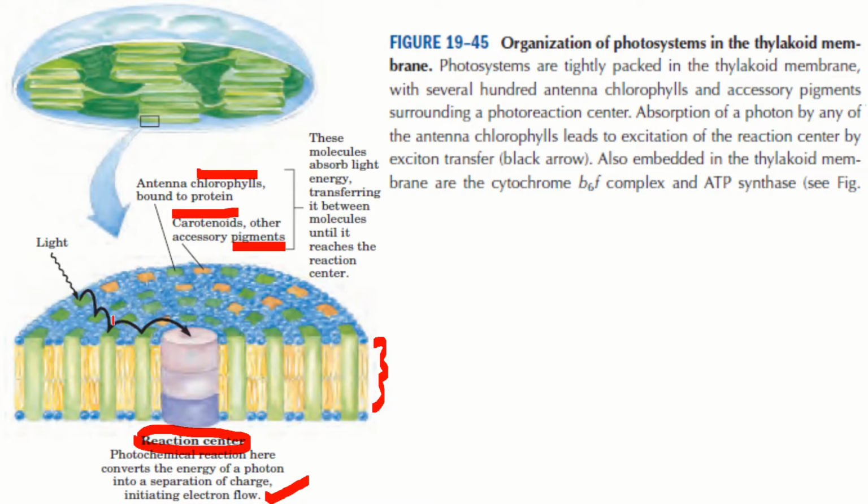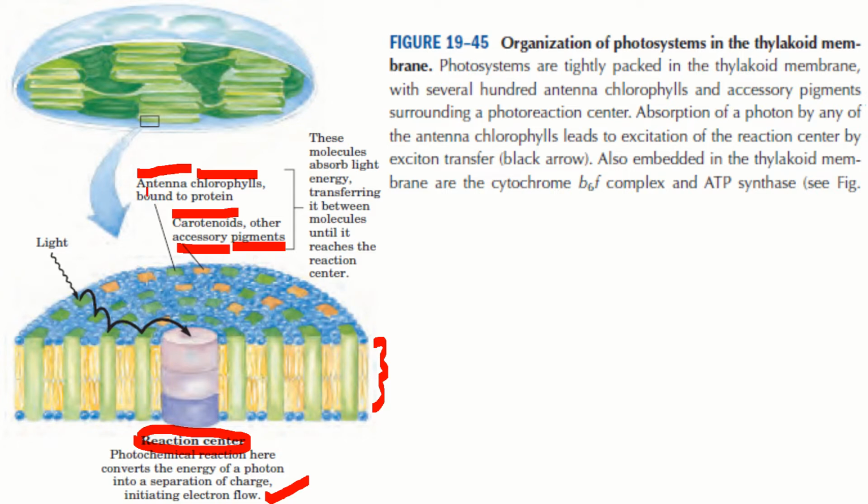And not only these green pigments, but many other different pigments are there. We say they are all antenna chlorophylls. Other antenna chlorophyll molecules are there. And another category is the accessory pigments. Carotenoids and different other pigments form the accessory pigments.